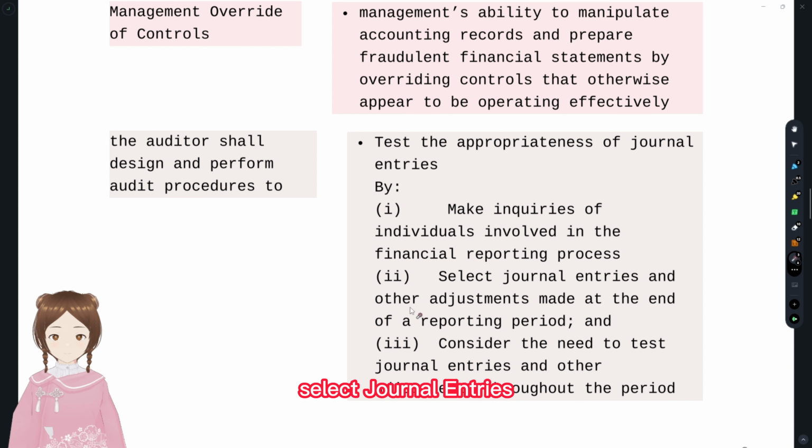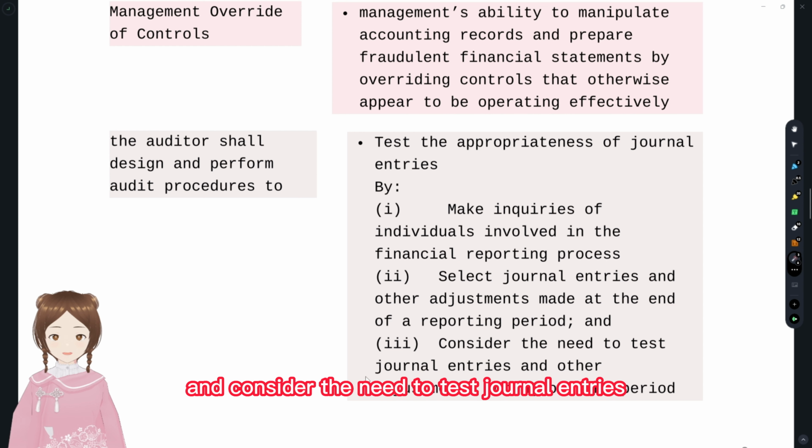Select journal entries, that is, audit sampling, and other adjustments made at the end of the reporting period. Have to select a few journal entries and all the other adjustments at the end of the reporting period, year end, and consider the need to test journal entries and other adjustments throughout the period.